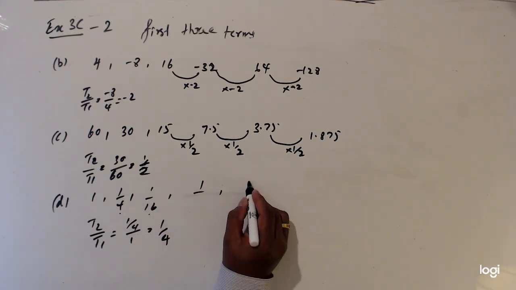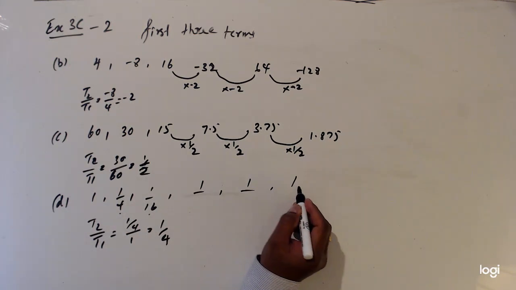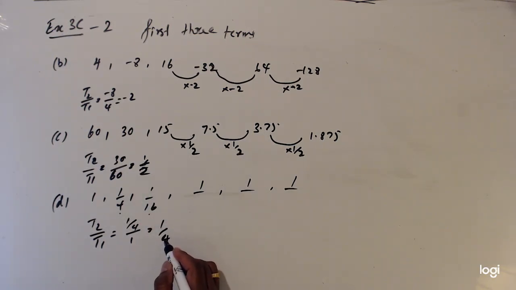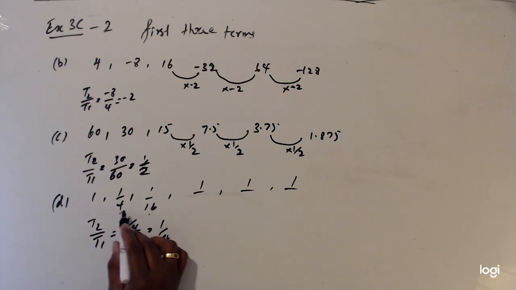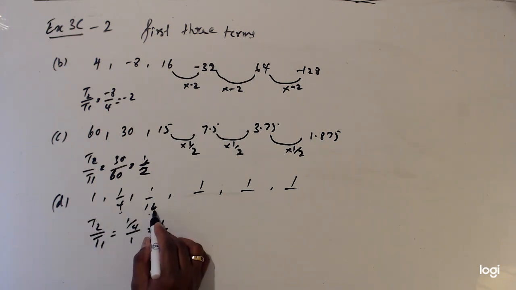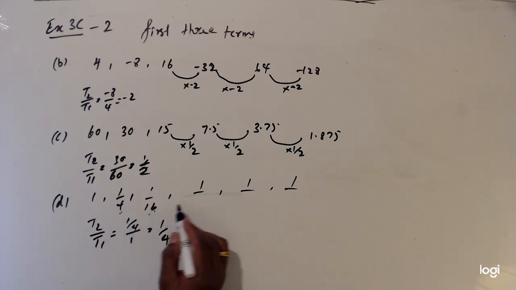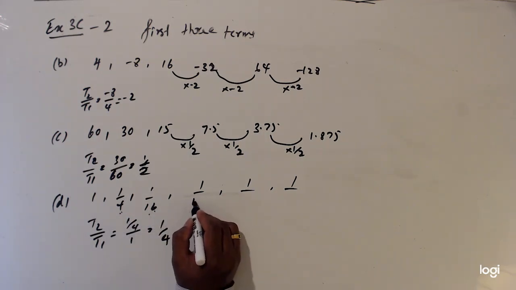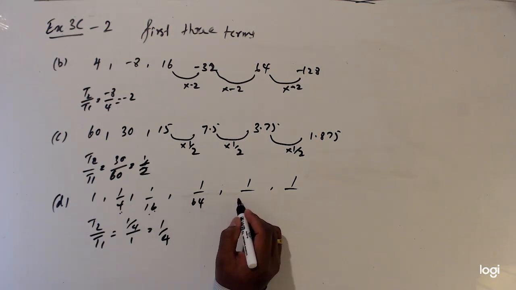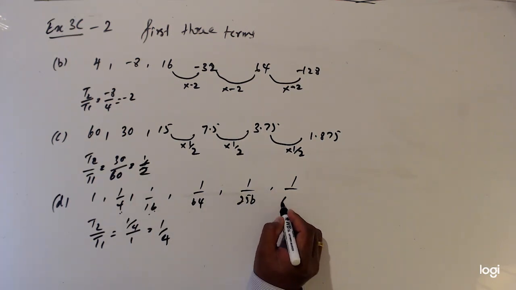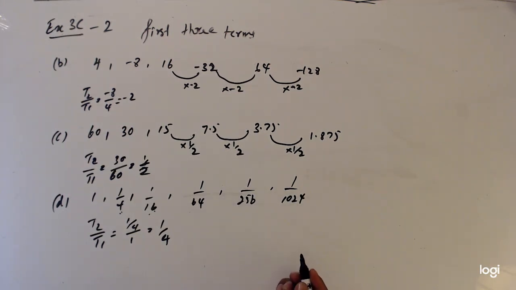1 over, 1 over, 1 over. Because 1 times 1 is 1. So this is 4 squared, 16. 4 times 4 is 16. 16 times 4 is 64. 64 times 4 is 256.